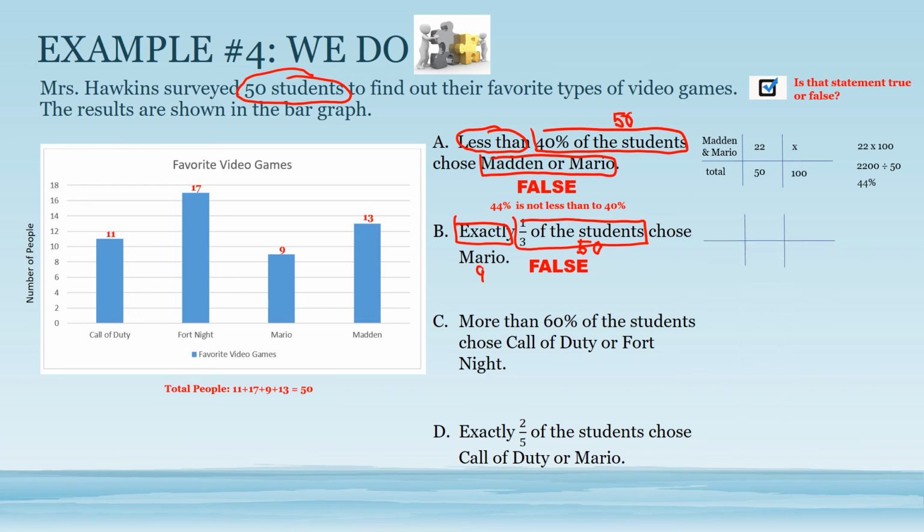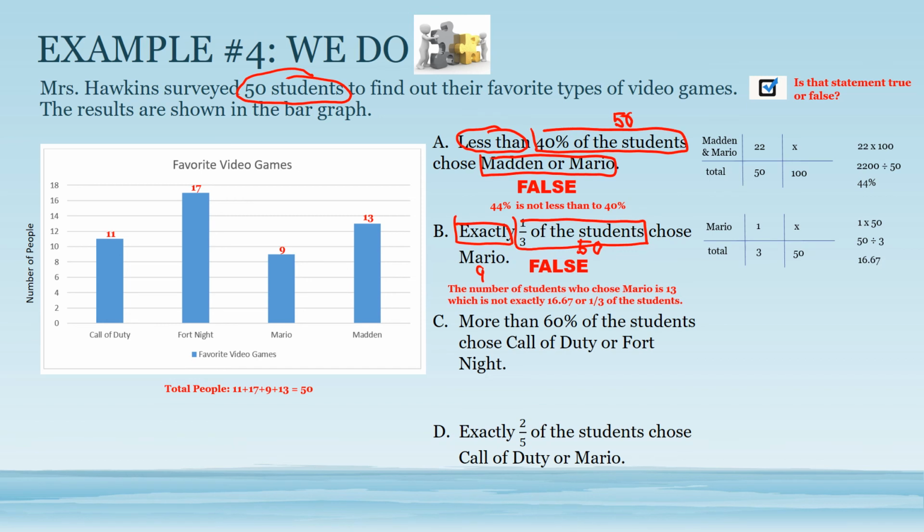We use our Big H strategy. How many chose Mario out of the total? Remember, you have 1 out of 3 that chose Mario of the students. And then you're going to do X out of 50 because that's the total number of students in the class. So 1 times 50 is 50. Divide that by 3, which is going to give you 16.67.